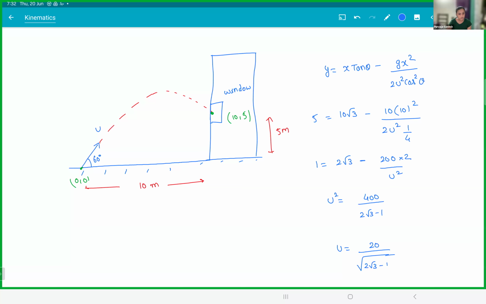That's root 140, that is 35 into 4. That's your time. Range will be ux into time of flight. There. What about the speed?